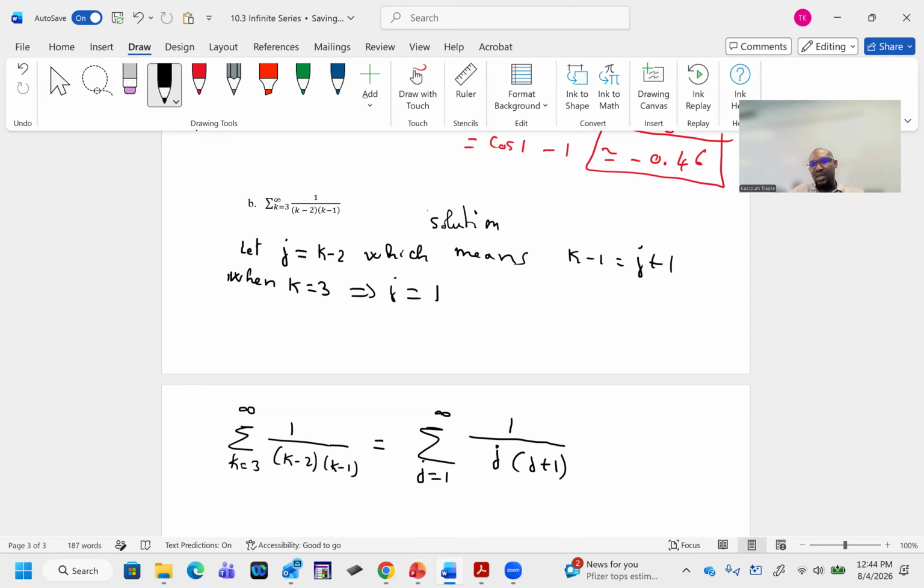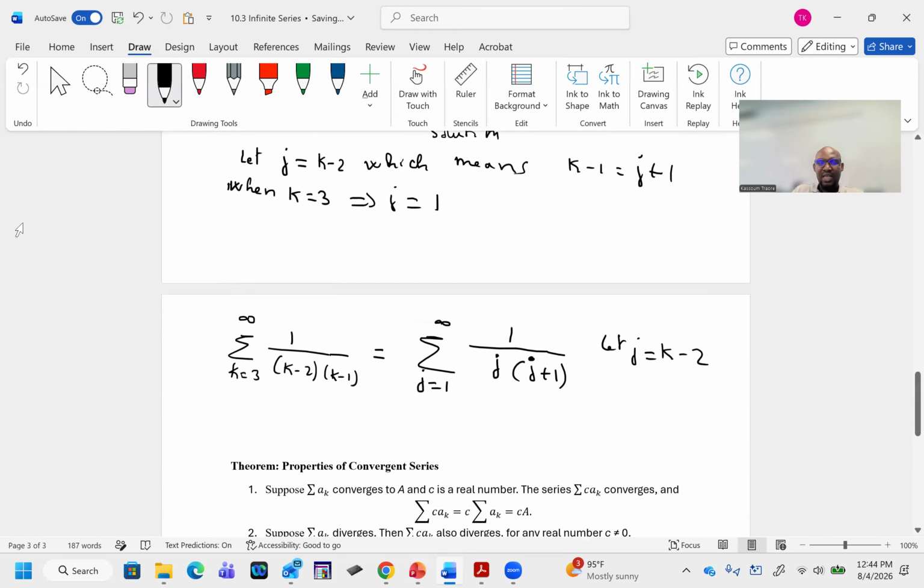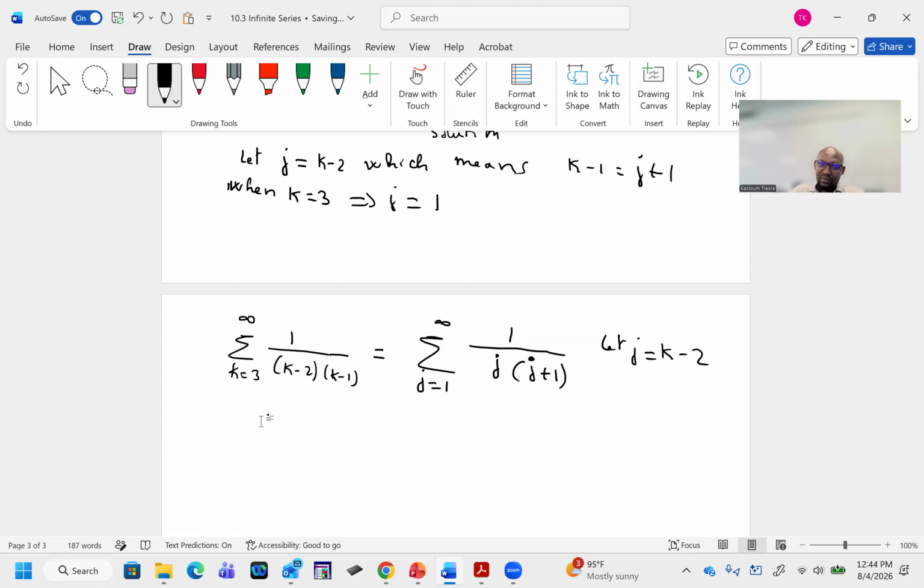And then this is just by doing what? Let g be equal to k minus 2. So if I substitute, I can change back because these are just variables. If you don't like g, you can go back to your k and just set the sum from k equals 1 to infinity equal to 1 divided by k times k plus 1.